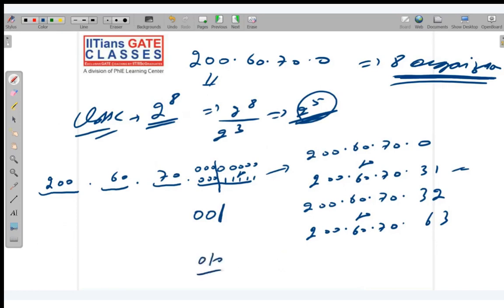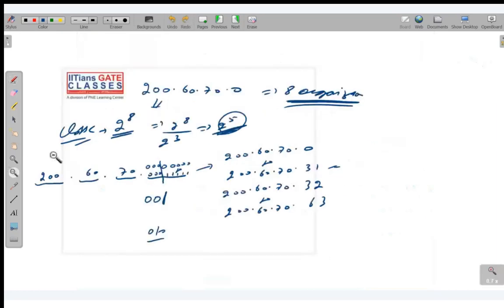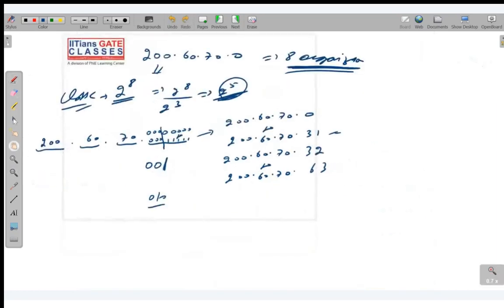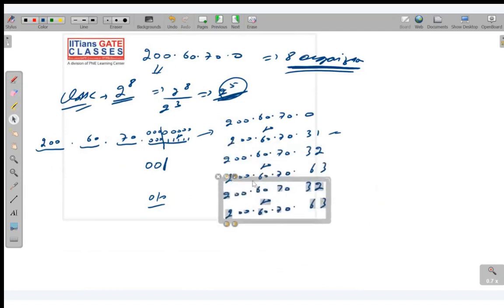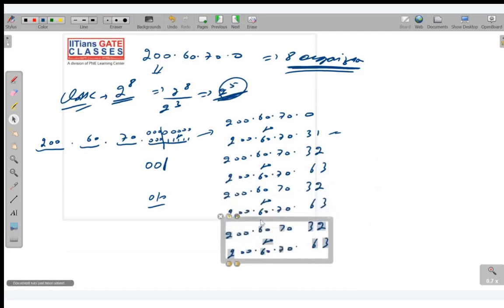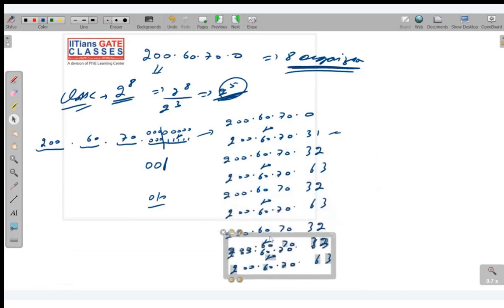Now please tell 010. So 200. Let me copy that. Okay, just to save time, I'm doing copy paste. So let me copy this out. This is for third, fourth, fifth.